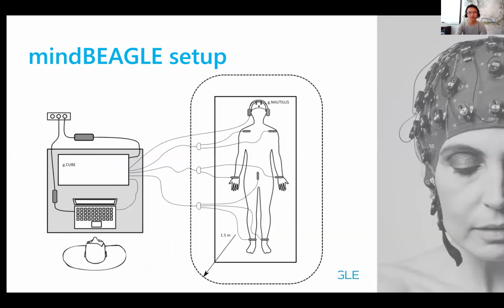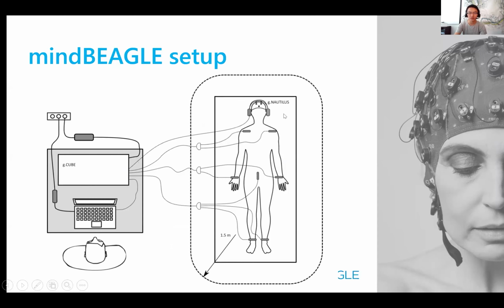So here it shows a typical setup of the mindBEAGLE system. Both the mindBEAGLE laptop and the cube are plugged into the power socket, which provides the power supply. And there's a USB cable that connects the cube and the computer for communication control.